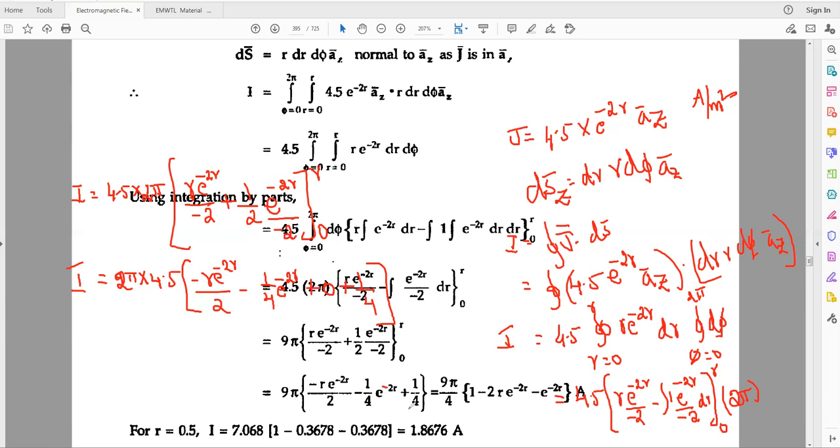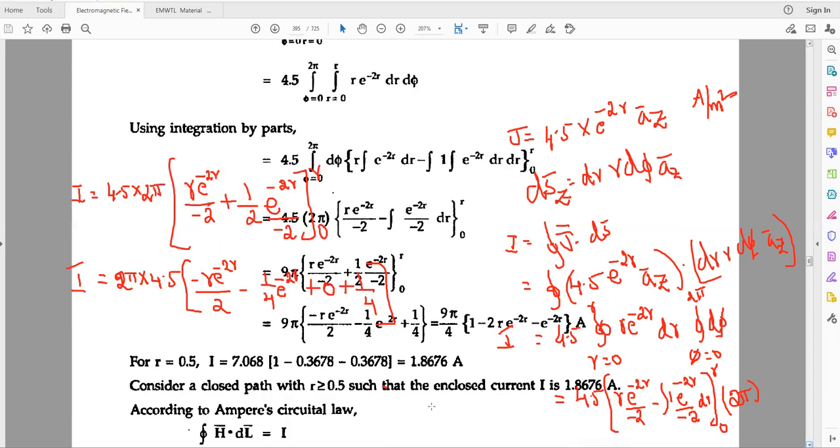You can take the common factor of 4 in all the terms: 1 minus e power minus 2r, and the other one 2 into r into e power minus 2r, at r is equal to 0.5. As r is equal to 0.5, the current I is equal to 1.867 amperes. Got it, my students?